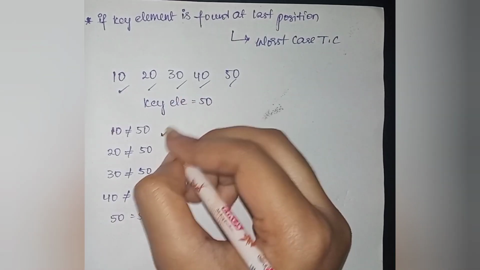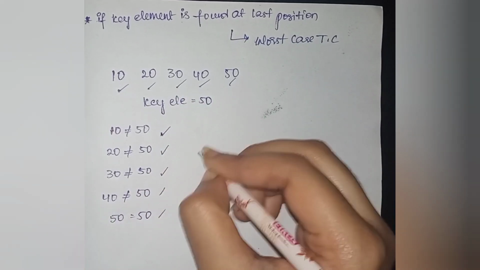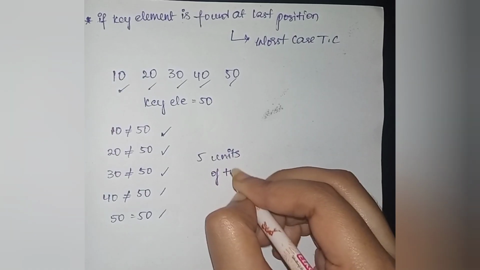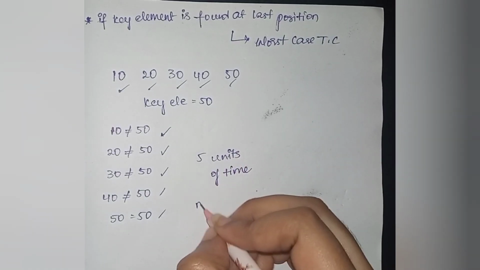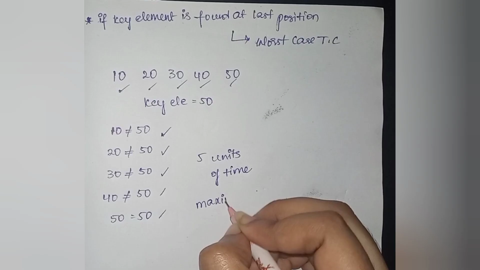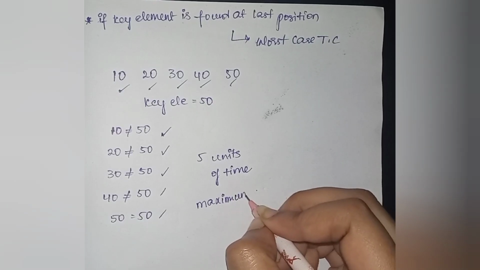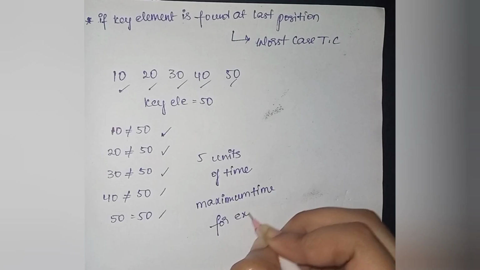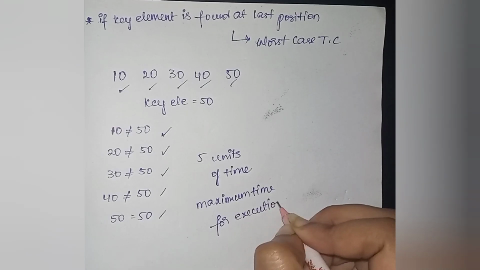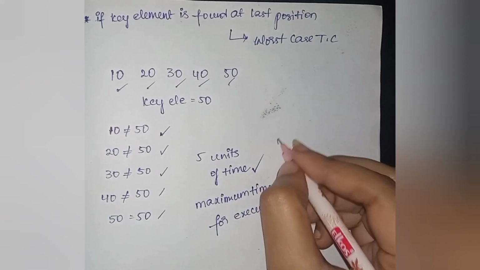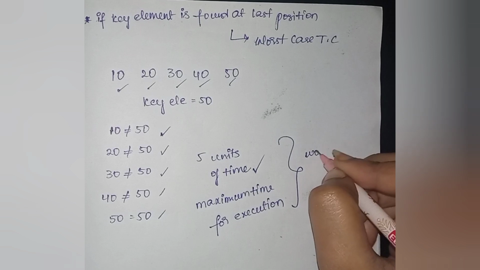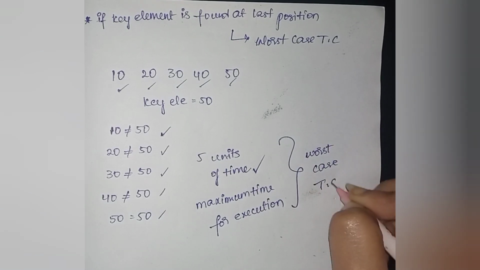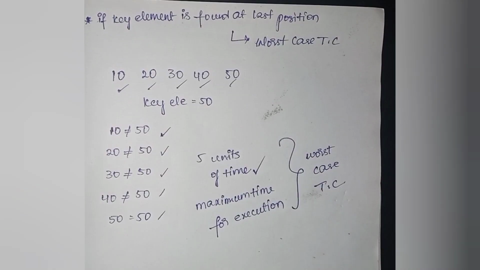So it is taking 1, 2, 3, 4, 5 units of time, and it is also taking maximum time for execution. So this is called as worst case time complexity. I hope you understood this one.